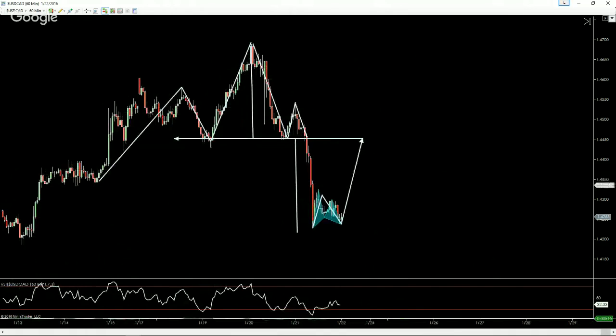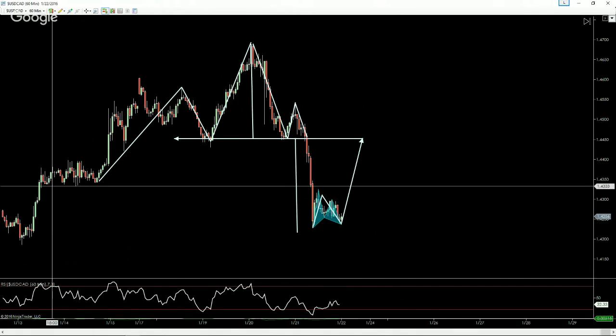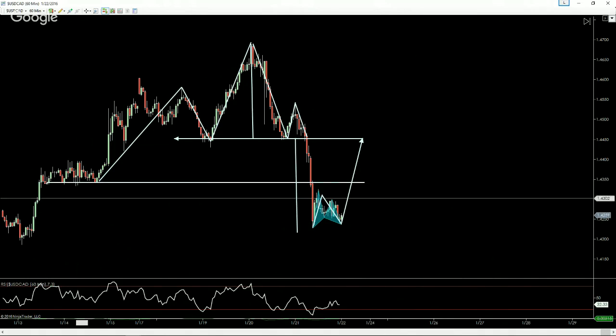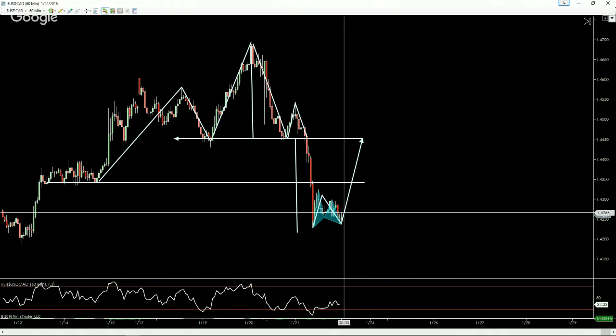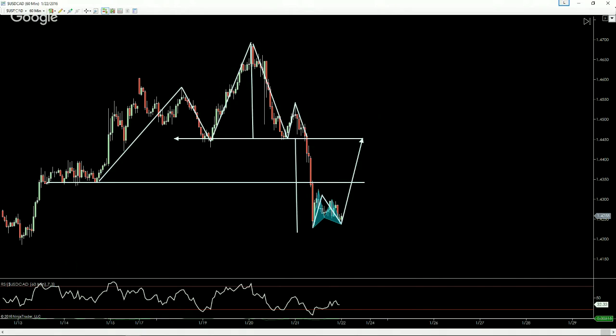Now, also just be mindful of this level right here. Because of this consolidation, that might be a more conservative target rather than going all the way back up to the neckline of that head and shoulders pattern.